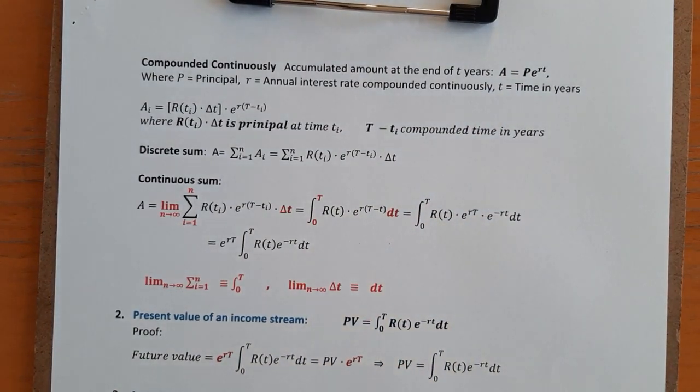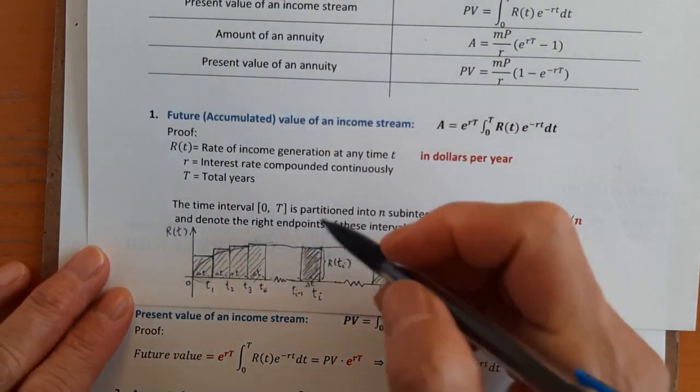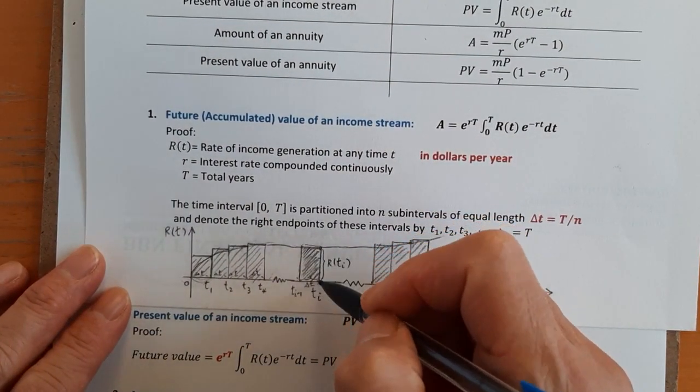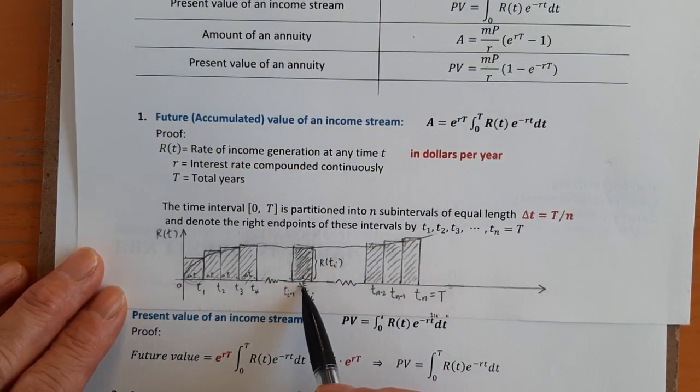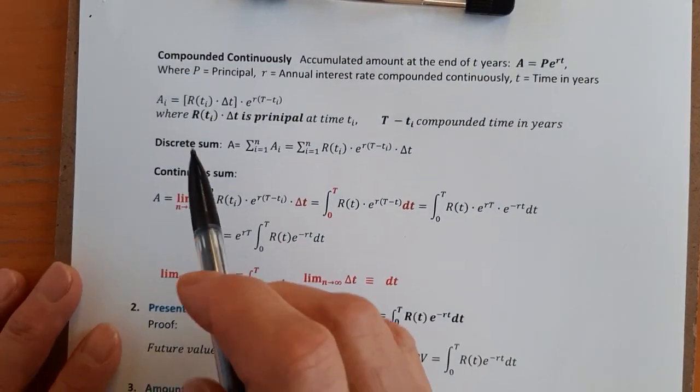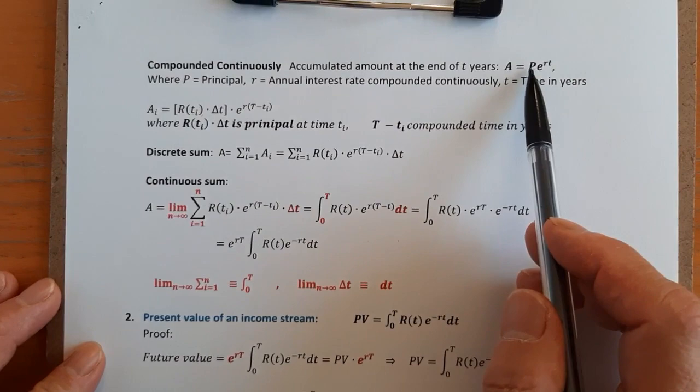And for this question, for this interval, you deposit R of ti times delta t. Here, the principal P is R of ti times delta t.